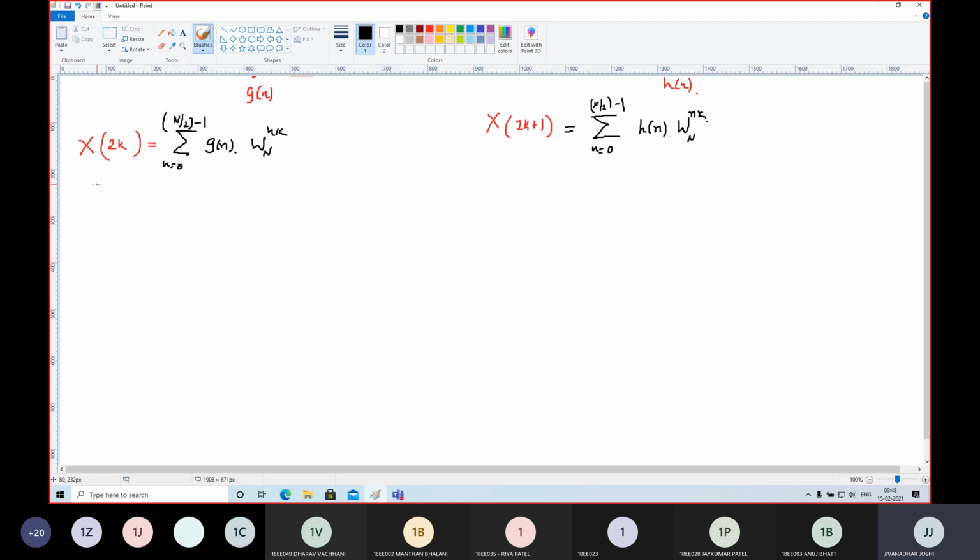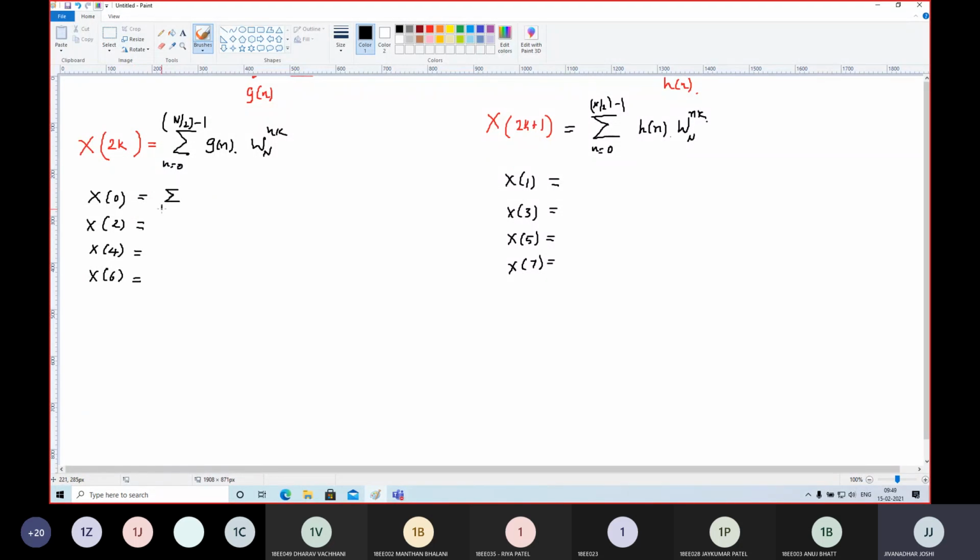Write down the equations. Capital X of 0, capital X of 2, capital X of 4, and capital X of 6. Similarly, write down the equation for capital X of 1, capital X of 3, capital X of 5 and capital X of 7, and this is equal to, what will come?